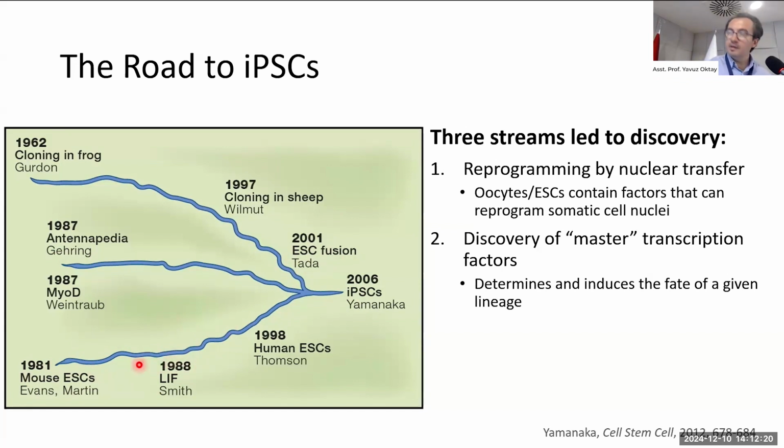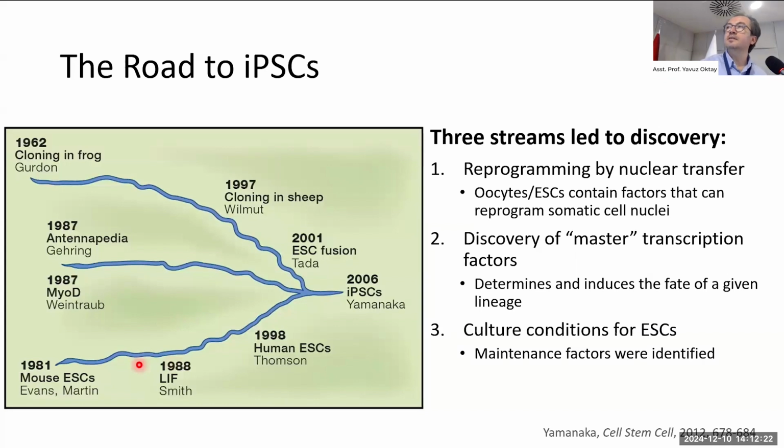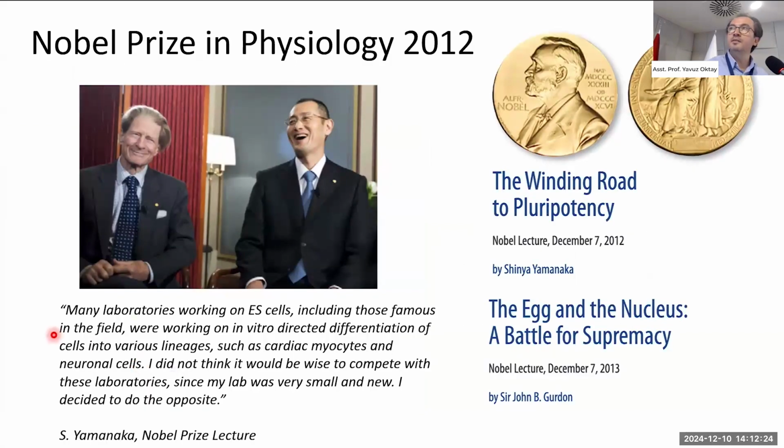And these discoveries culminated in the shared Nobel Prize by John Gurdon, I don't know how to pronounce his name, and Shinya Yamanaka in 2012. So they discovered this in 2006 and got the Nobel Prize in 2012.